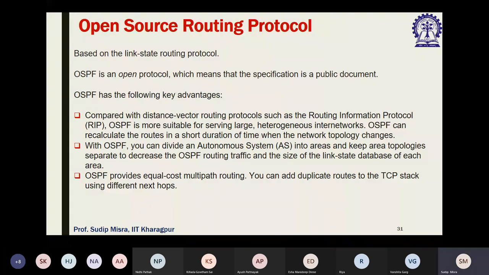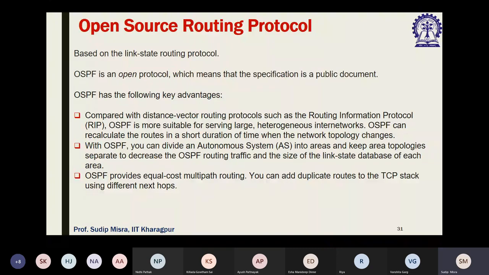So essentially this looks like a clustering kind of approach, where the different routers are clustered into different areas. So this is another feature of OSPF.